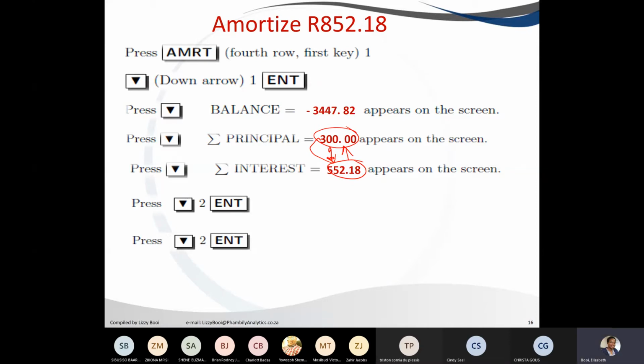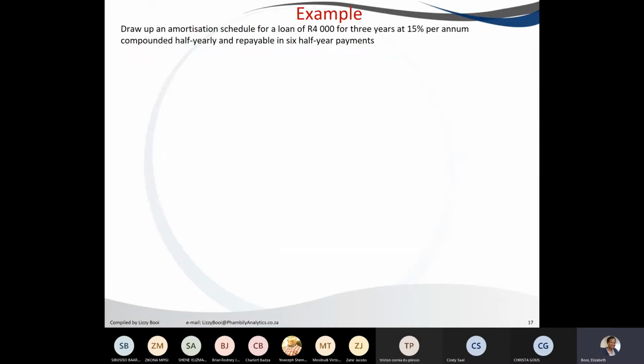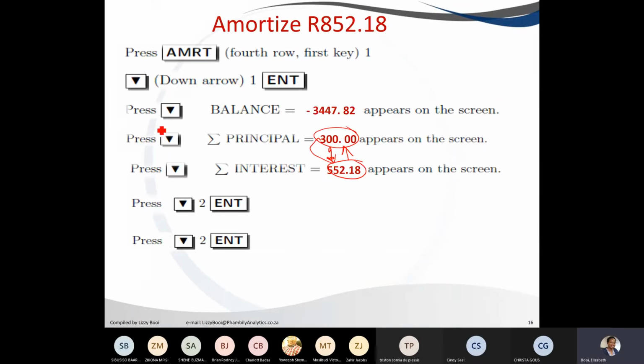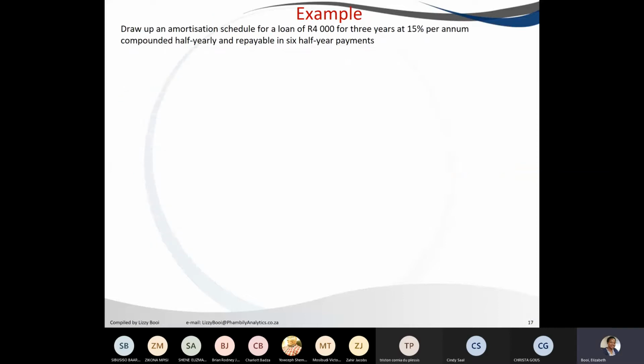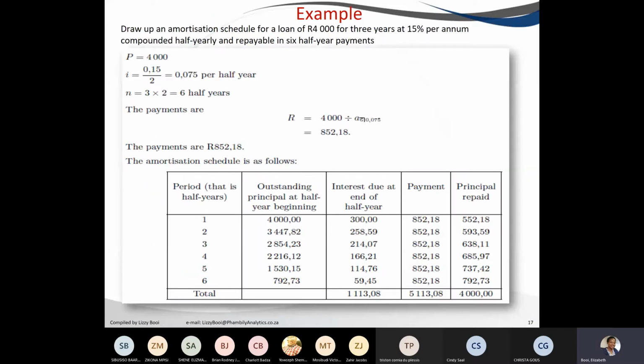So you will do this step twice. Then you press down arrow and it will give you balance. Then you press down arrow, it will give you the principal amount. Then you press down arrow, it will give you the interest. And when you do that, you will see that it will complete the whole table for payment number 2. It will give you all those values.